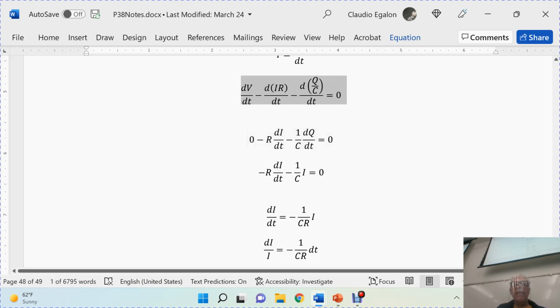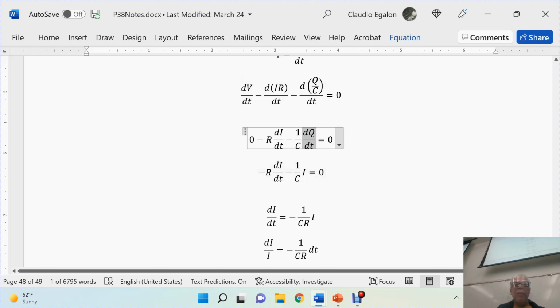So you get R dI/dt, and dQ/dt. C is a constant, depends only on the geometrical properties of the capacitor. We are not changing the geometrical properties of the capacitor, so we can take out the 1 over C. And we end up with this term here, dQ/dt, that is I.